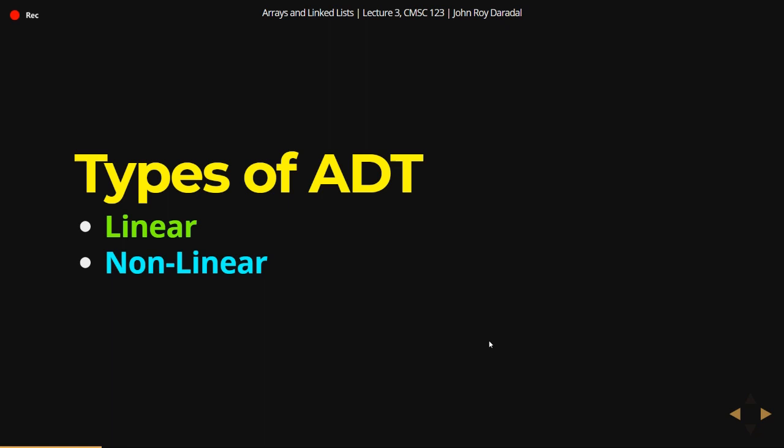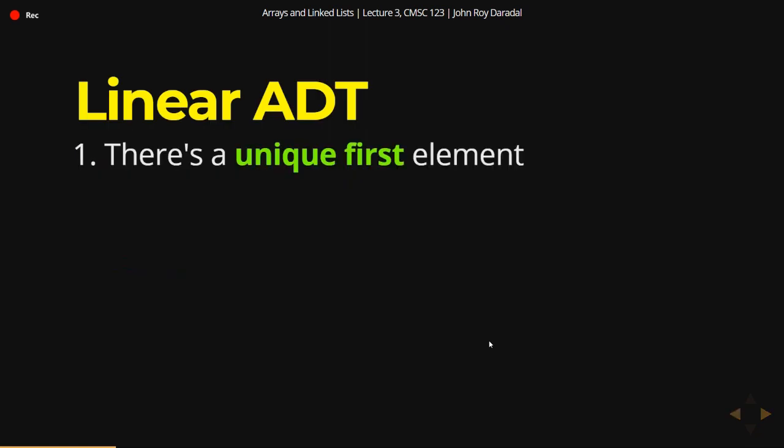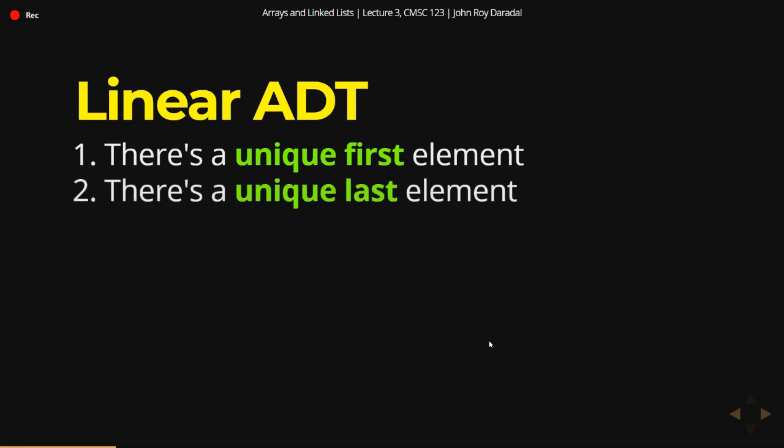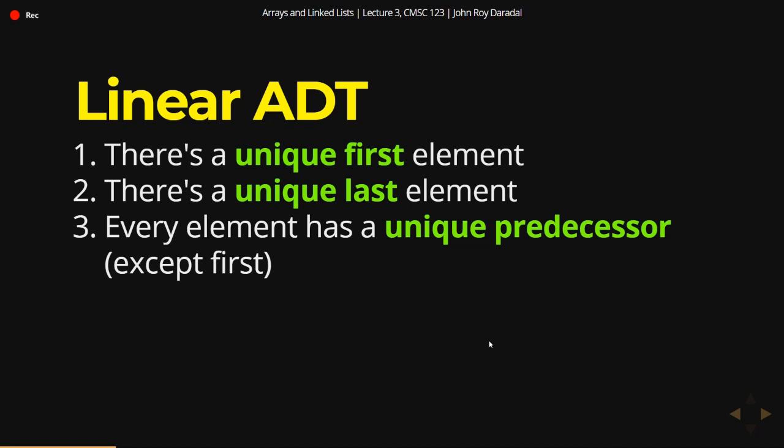Okay, so a linear ADT has the following conditions. First, there should be a unique first element in the ADT. There should also be a unique last element. Every element should have a unique predecessor or a previous item, except for the first because it doesn't have a previous item.